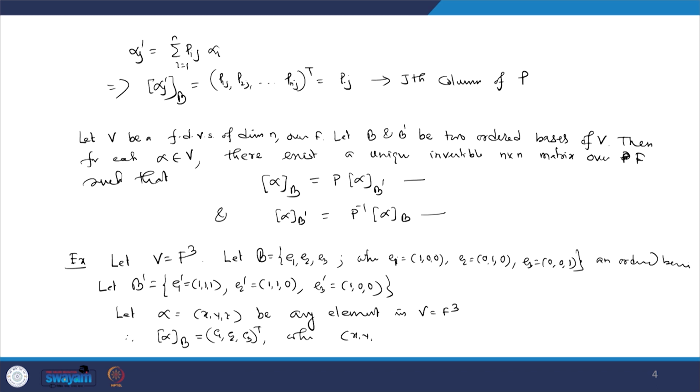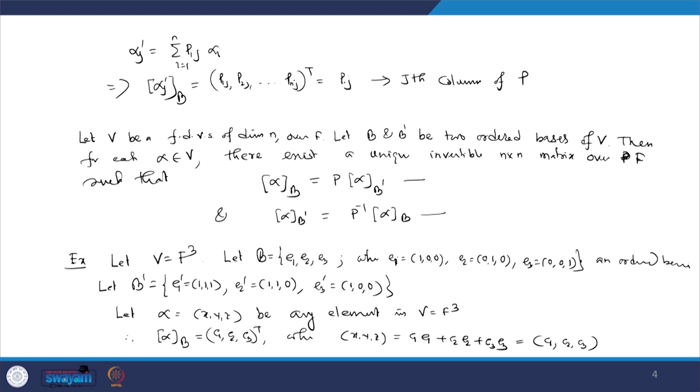(x, y, z) equal to C1 E1 plus C2 E2 plus C3 E3. So, if I simplify these, this is basically nothing but C1, C2 and C3, because E1 equal to (1, 0, 0), E2 is equal to (0, 1, 0), E3 equal to (0, 0, 1).